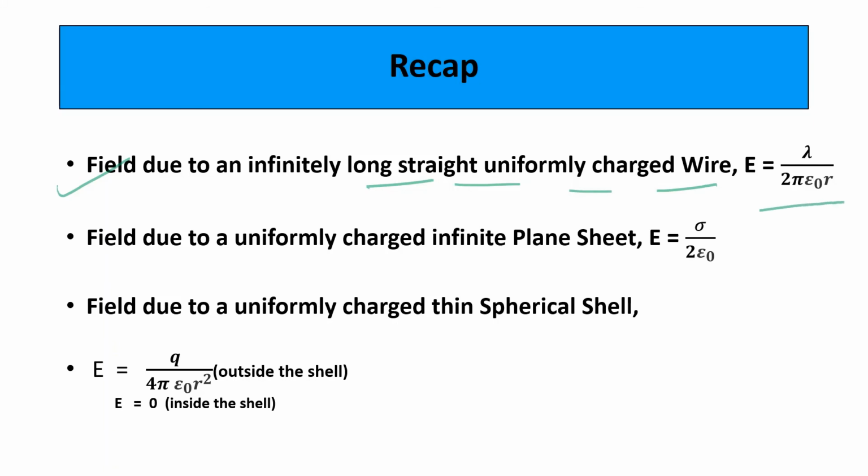Then we found the electric field due to a uniformly charged infinite plane sheet, E is equal to sigma by 2 epsilon naught. Lastly, we found the electric field due to a uniformly charged thin spherical shell. We considered the electric field outside and inside the shell. E is equal to Q by 4 pi epsilon naught r squared outside the shell and E is equal to 0 inside the shell.